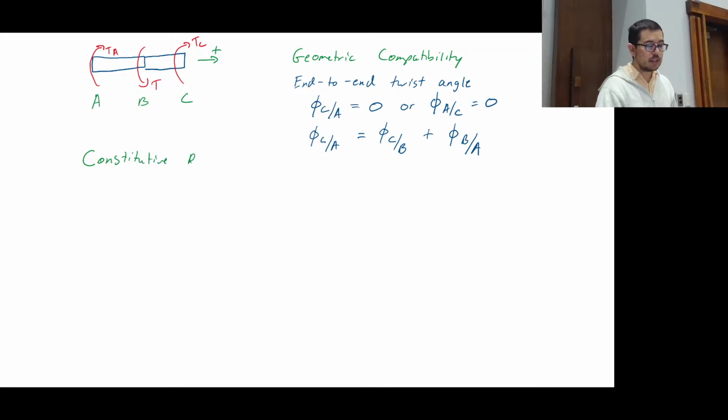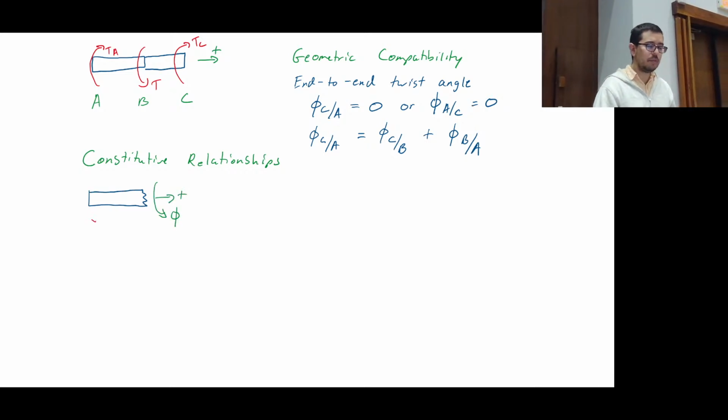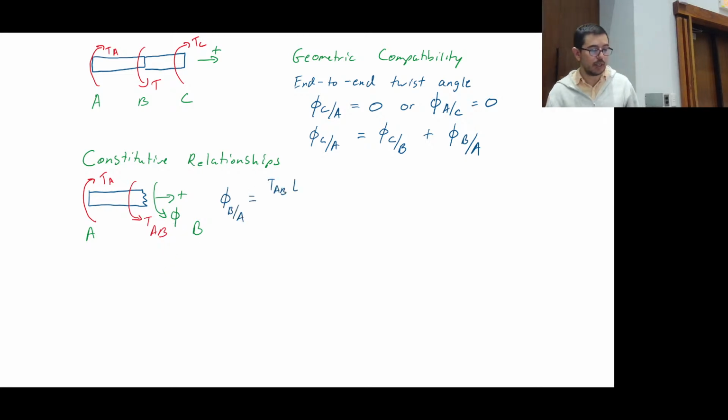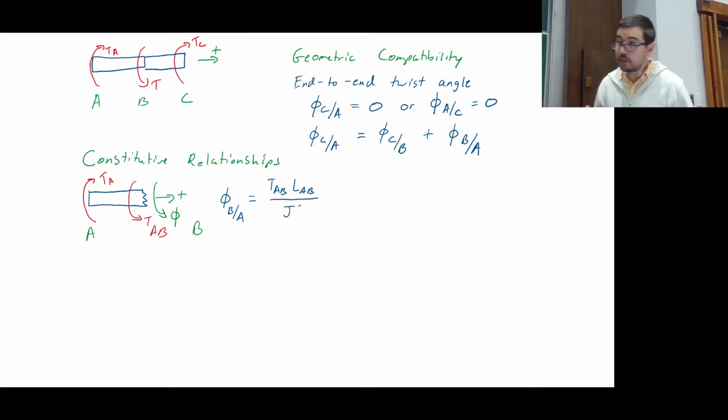So now we bring in the constitutive relationships. And here we can say that the angle of twist, if I know what the internal torque is, I can figure out what the angle of twist is going to be, because that's going to be TL over JG.